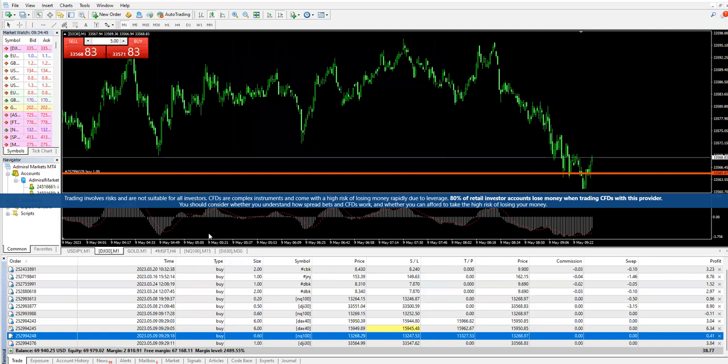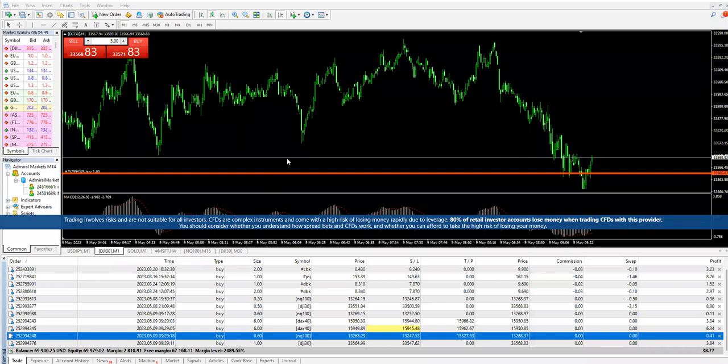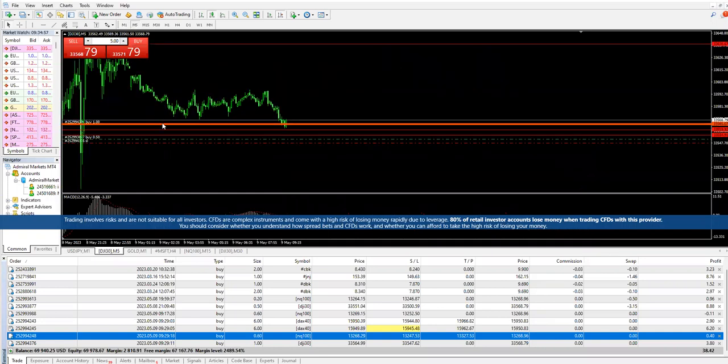That's all. No more risk, because if you check where my stop loss is, I don't know. It's far away, sorry. So I will set it closer. It's not so far away.